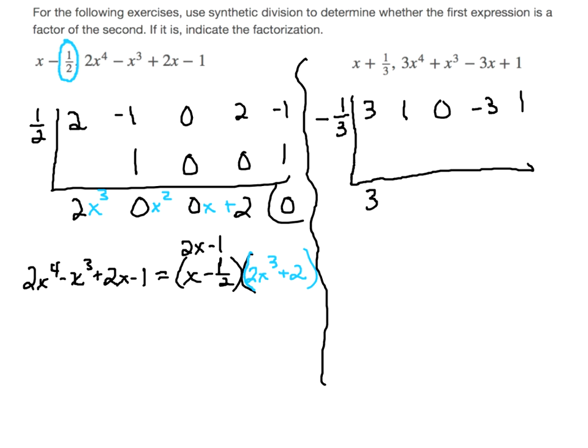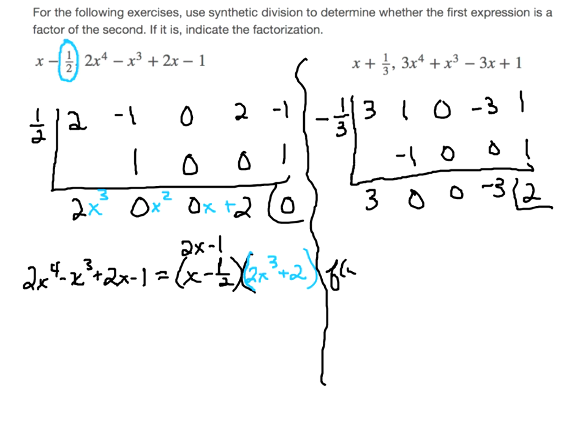Combine down, multiply with k. So negative 1/3 of 3 is negative 1. Combine down, 0. Combine down, 0, negative 3. Negative 3 times negative 1/3 is positive 1. And I have a remainder of 2 this time.